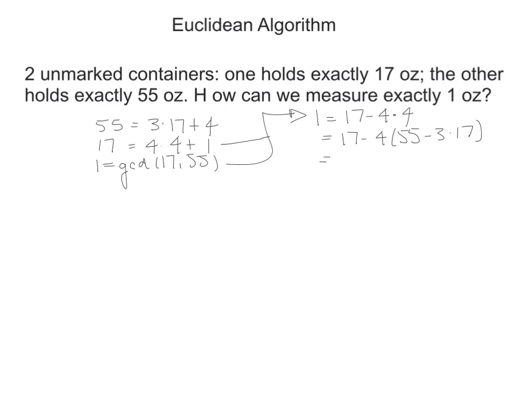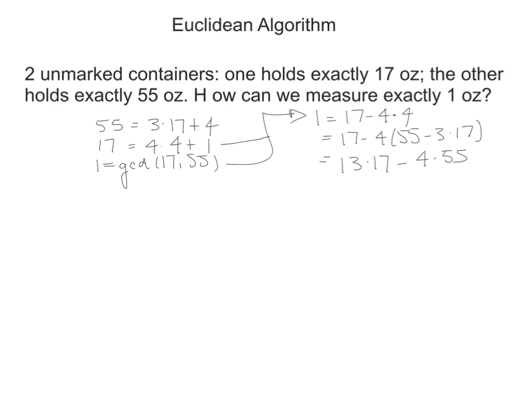So then we get 13 times 17 - 4 times 55. So here is our answer. We just need to understand it. Essentially, this is telling us we're going to fill the 17-ounce container 13 times, and something about maybe emptying, because of the -4, our 55-ounce container 4 times.